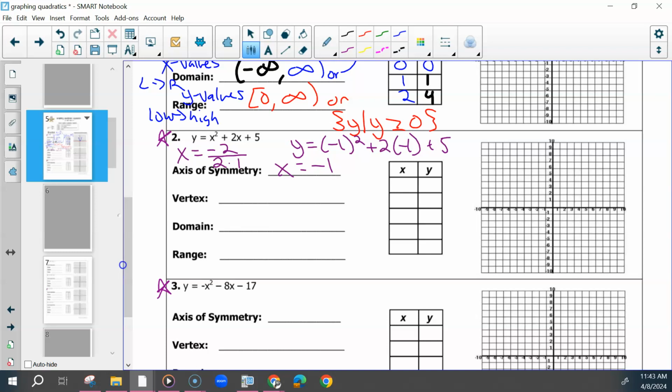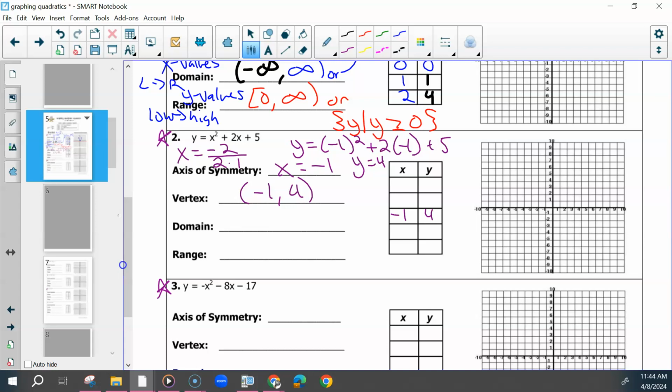What is your y value? -1 times -1 is 1. I think y equals 4. So that vertex would be negative 1, 4. Put that in the middle of your table.